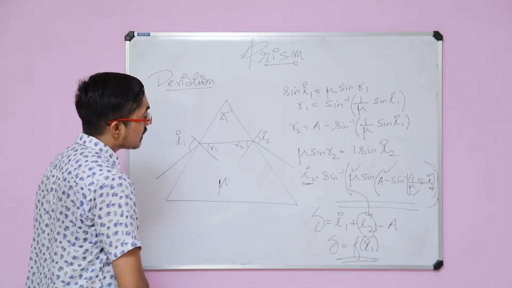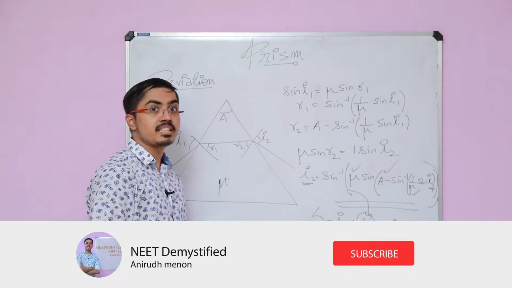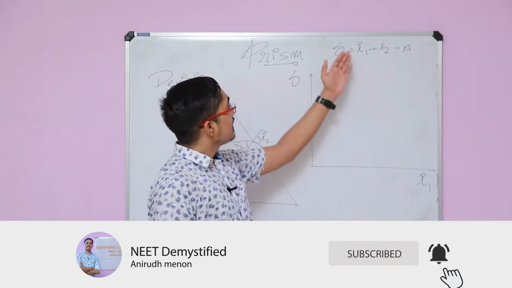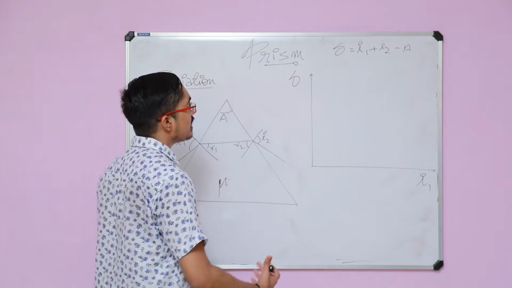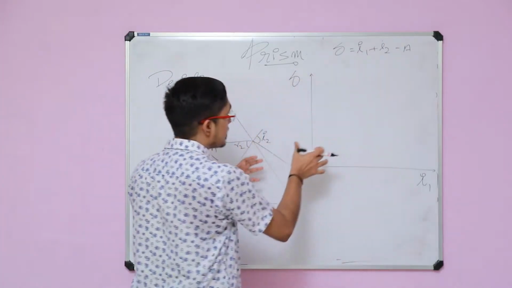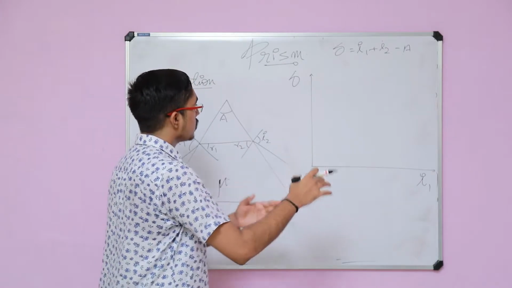So let us proceed to the graph between delta and I1, because this was asked some years before in the JEE exam. Delta, that is deviation, is equal to I1 plus I2 minus A, and we proved that in place of I2 I can substitute a big equation which contains only I1 as the variable. Now you can do this experimentally.